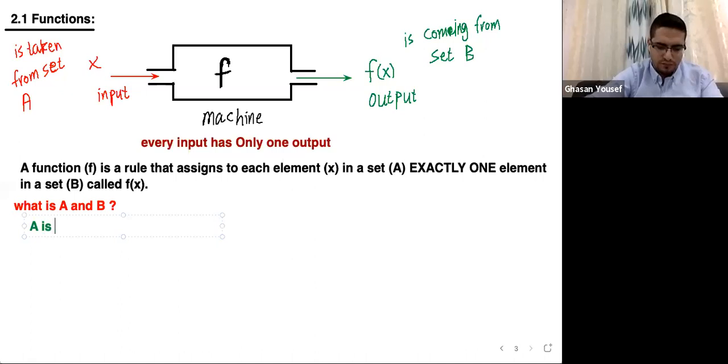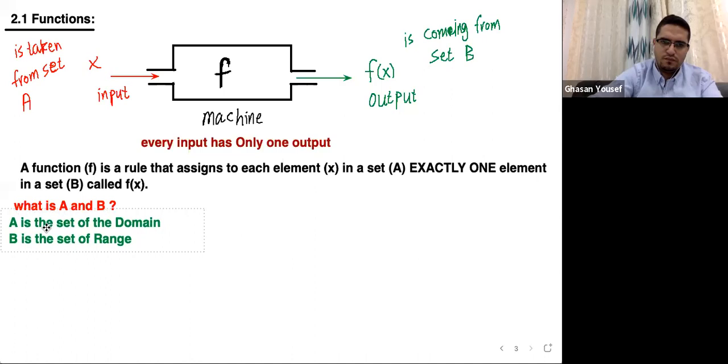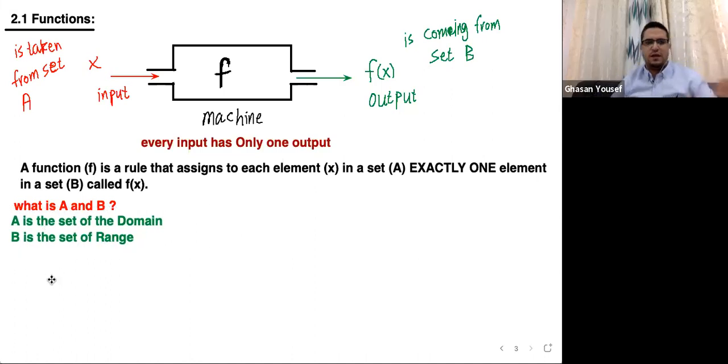A is the set of the domain and B is the set of the range. Okay, again, what is the meaning of domain? Like I said, A is the set of the domain. Domain of the function.